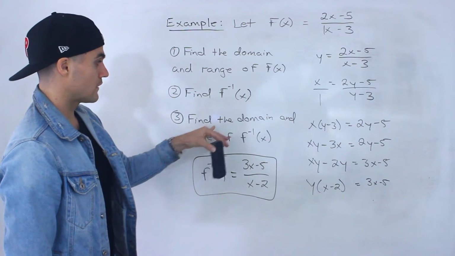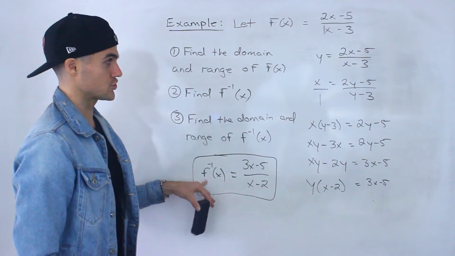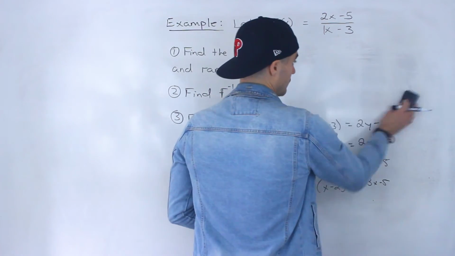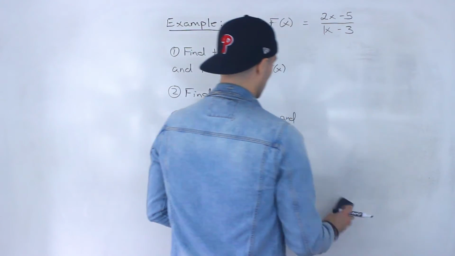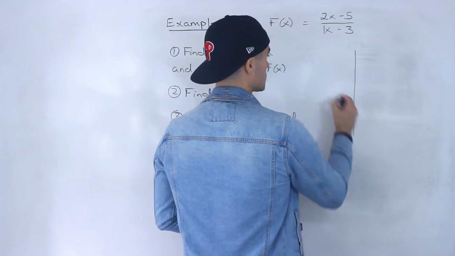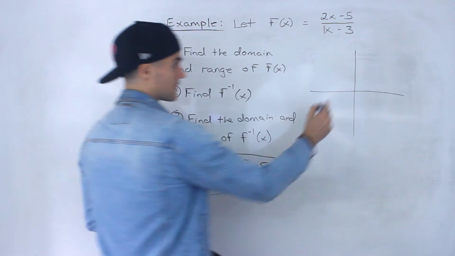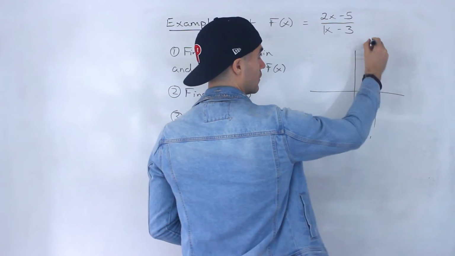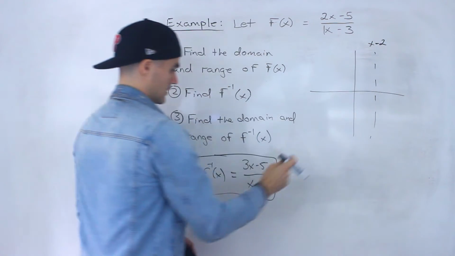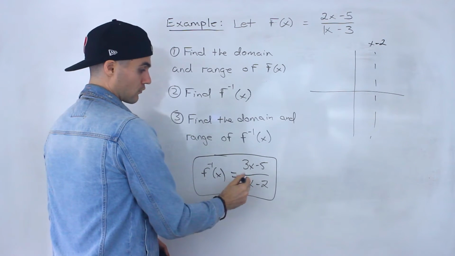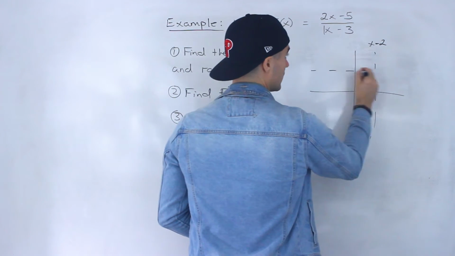And now we got to find the domain and range of this function here. If we follow the exact same steps that I did before, notice we got a linear over linear function again. So we know at an x value of 2, there's a vertical asymptote, and the ratio of the leading coefficients, 3 over 1, is 3.